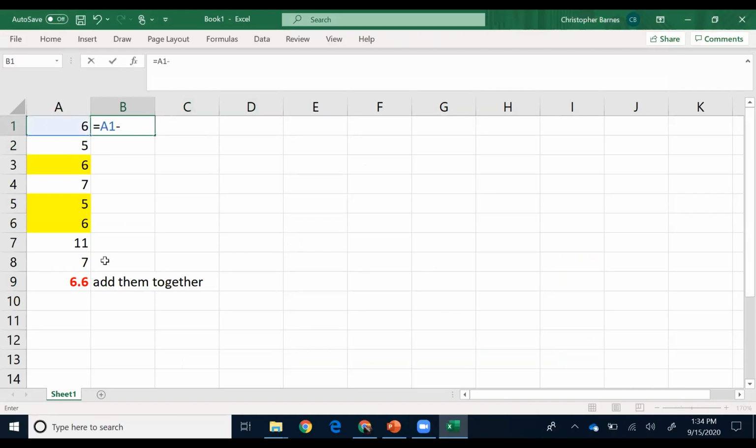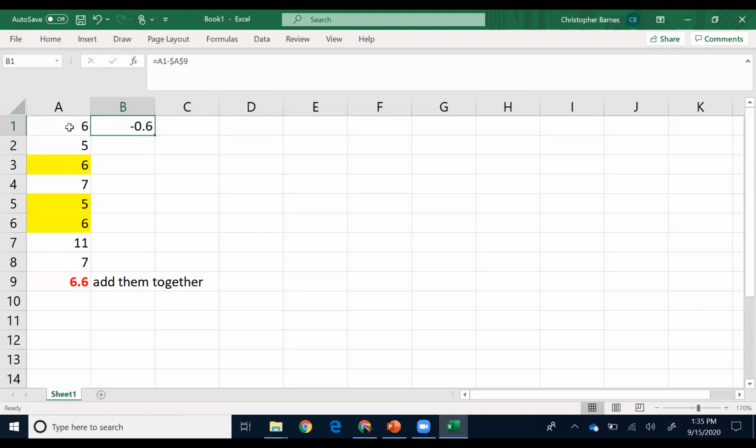6 deviates from that cell by negative 0.6. So I can do that math. 5 deviates from 6.6 by how much? I'm going to let y'all type it in the chat.